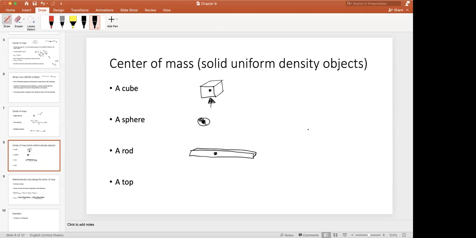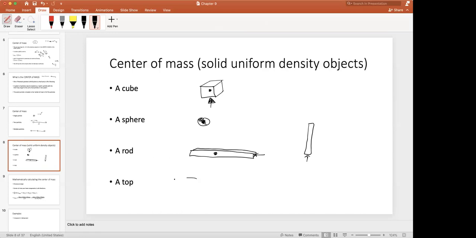If I were to try, however, to balance this thing on my finger along the edge, we know that it would be directly in the center of the rod, right? If you were trying to balance your pen on your finger, you should be able to just put your finger at the center and hold it there, right?